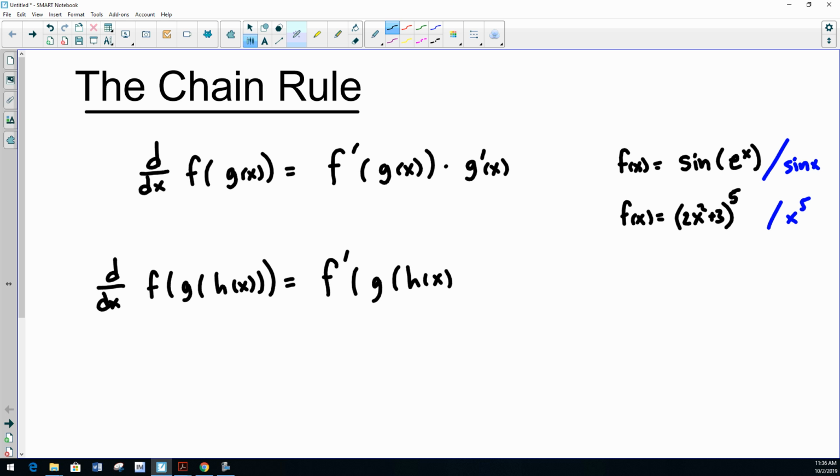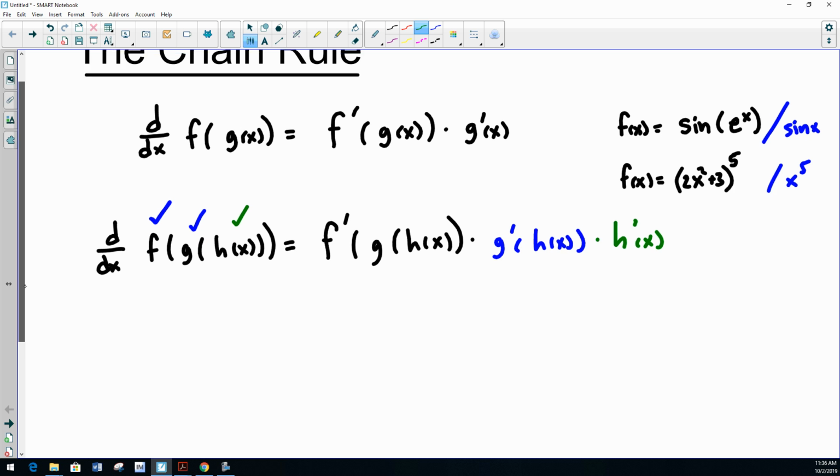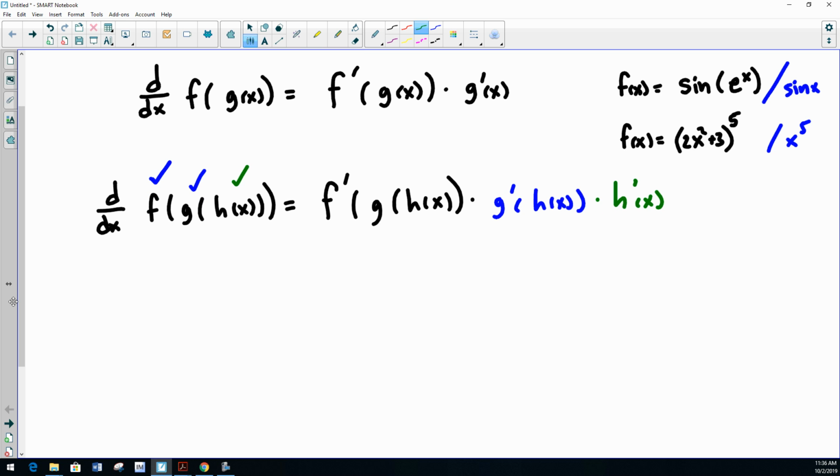So I took the derivative of the outside. The next one on the agenda is g, so g prime of h of x. And the last one would have to be h prime. So this one has 3 links in the chain. Okay, I could do this for a while. We can do 4 links, 5 links, but it's all the same. So let's move on to examples here.